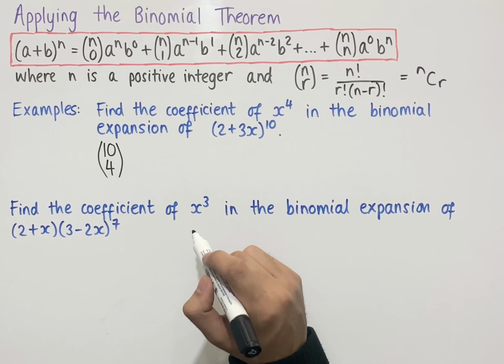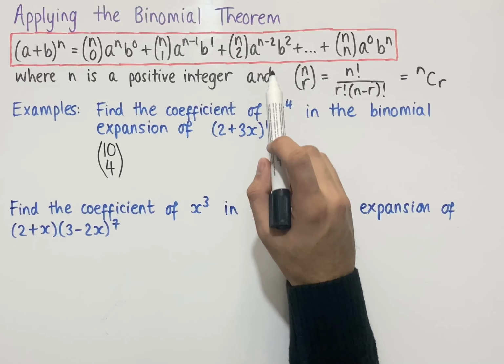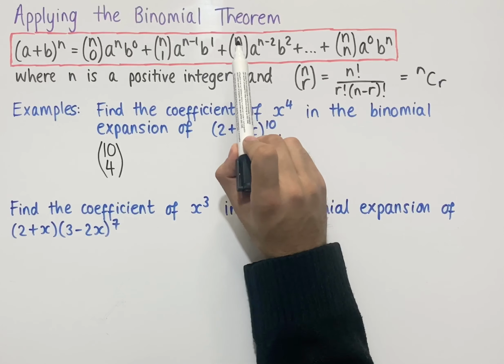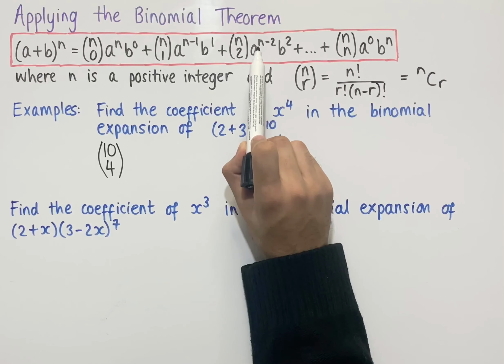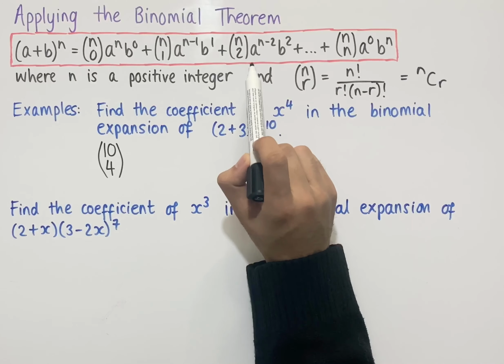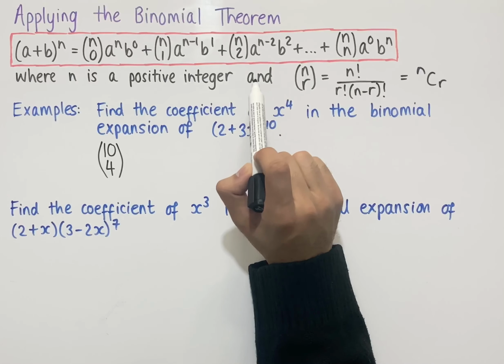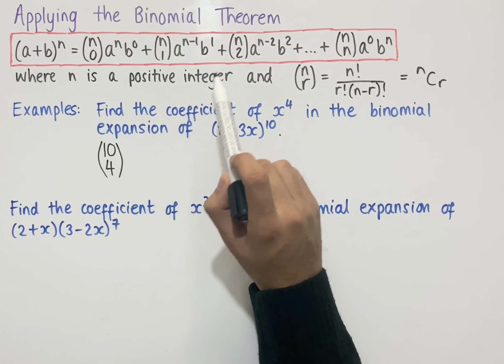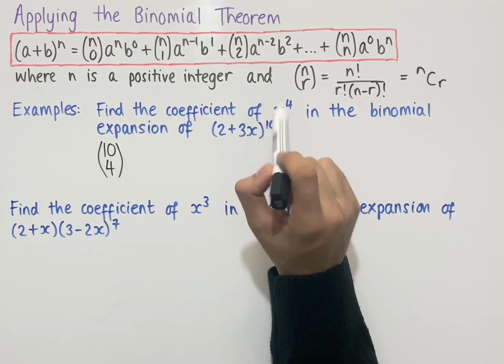Then we multiply this by a to the power of n minus 4. If we look at this term here, n choose 2, we have a to the power of n minus 2. If we had n choose 3, we would have a to the power of n minus 3. So if we have n choose 4, then we would have a to the power of n minus 4.